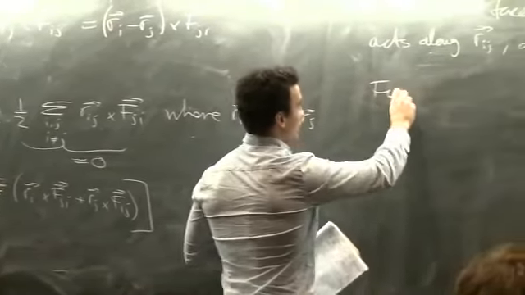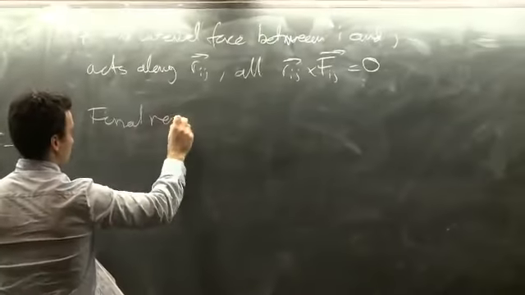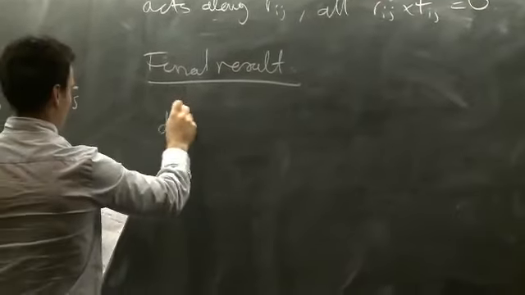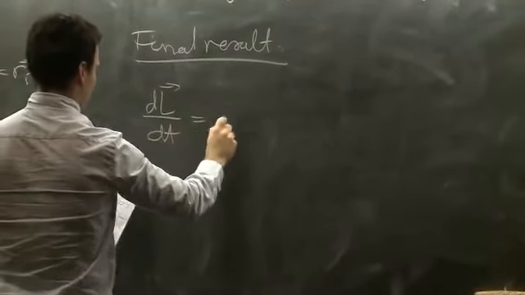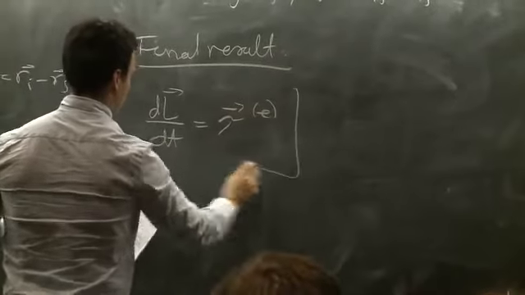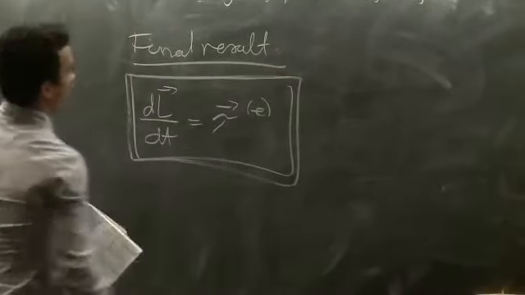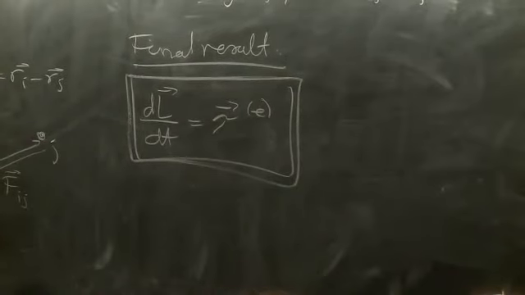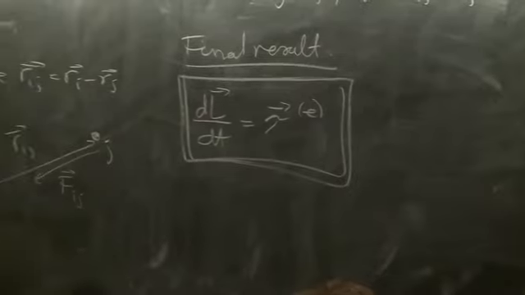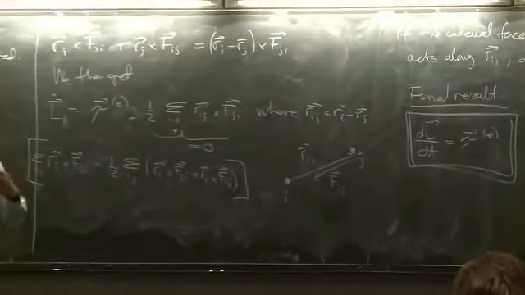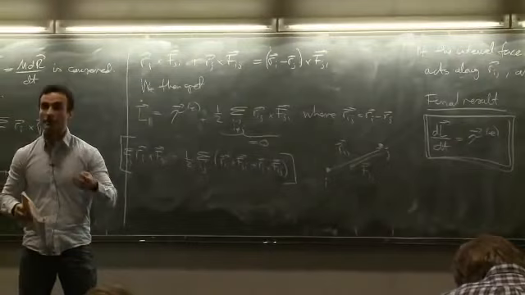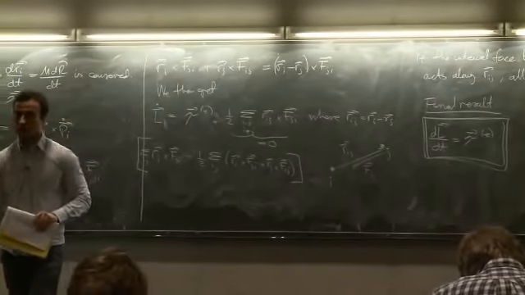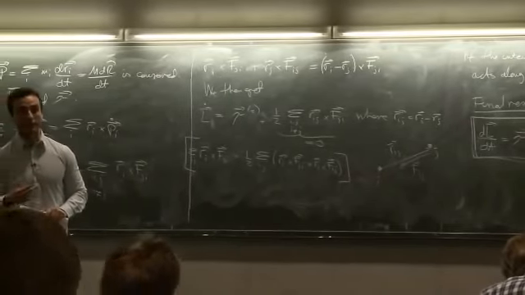So the final result is that the total angular momentum of the system of multiple particles changes as if only the external torque was acting on the center of mass of the system. So again, we can neglect all the internal interactions in the system, and this simplifies the problem a whole lot.